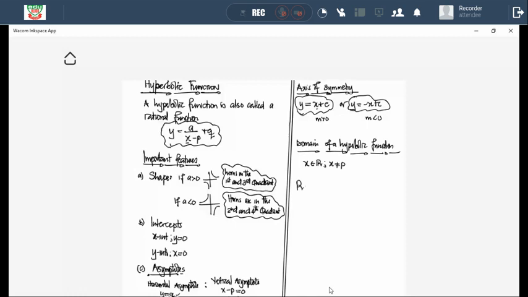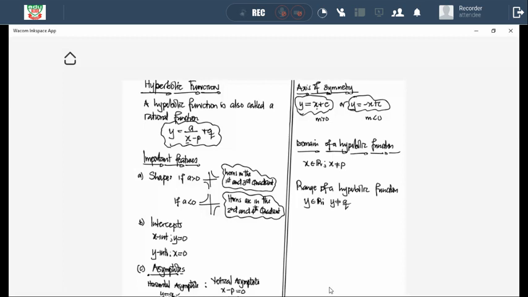Then I'll come now to my range. The range of a hyperbolic function is also given by y is an element of all real numbers, but y should not be equal to what? q.